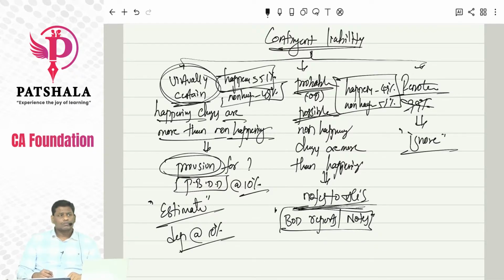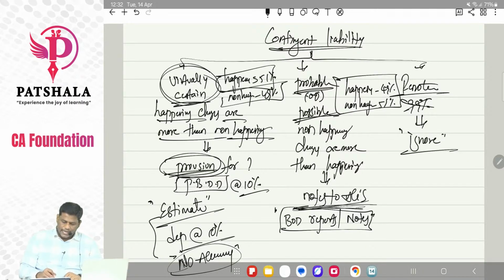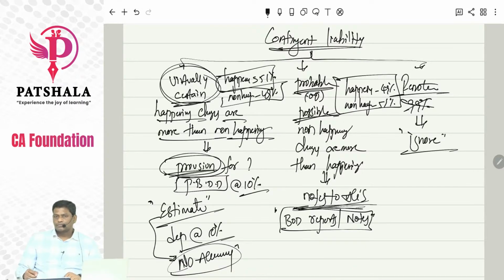No, it is only an estimate that this much worth of asset might come down, this much worth of the bad debts may not pay us. This is our estimate. So making a provision has no accuracy. It is not 100% accurate. It is purely an estimate. This is what a provision is.